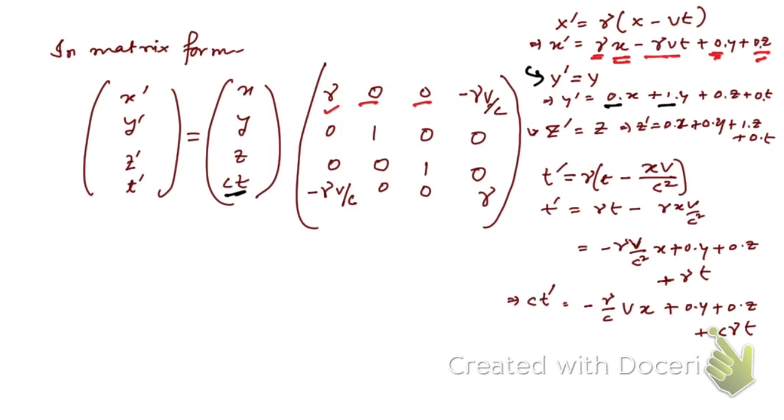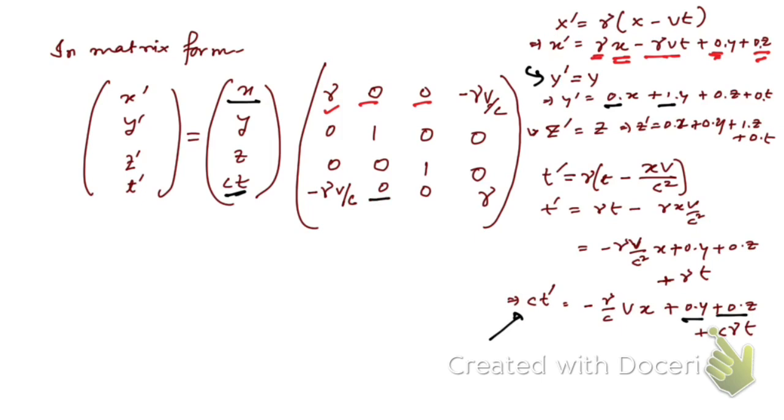So now for this last row we have to take the last equation. Here you see the first coefficient of x is this one, minus gamma v by c. So that's why I have written here minus gamma v by c. Then the coefficient of y is 0.